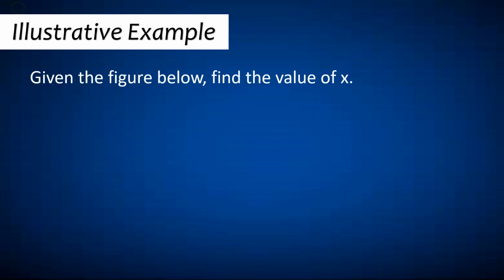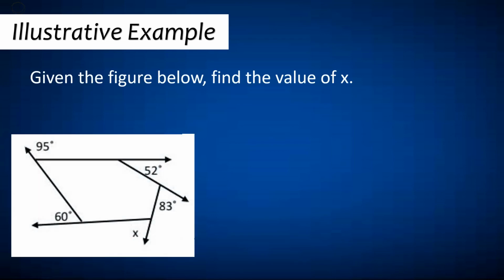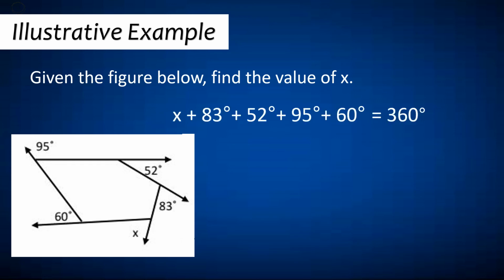Another example, we have pentagon. So, pentagon siya, meaning meron tayong 5 na i-add at i-equate sa 360. Again, always 360 yon kapag sum of the exterior angles of a convex polygon. So, 83 plus 52 plus 95 plus 60 is equal to 290.